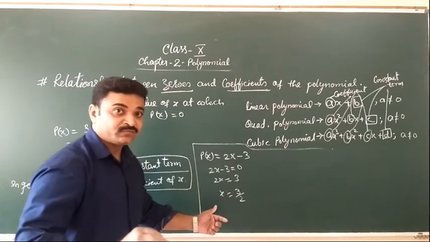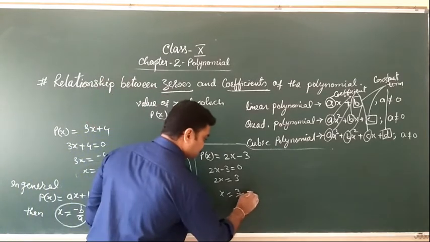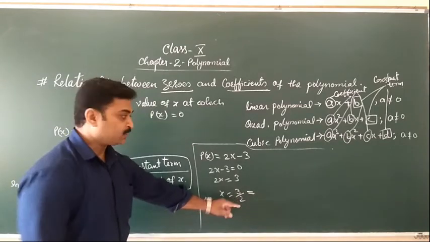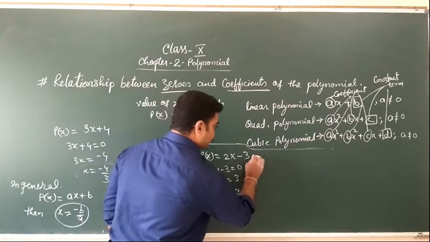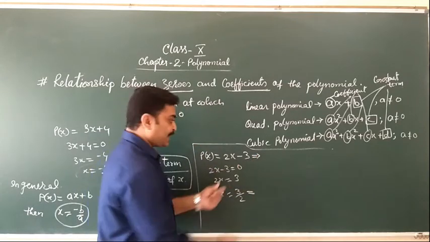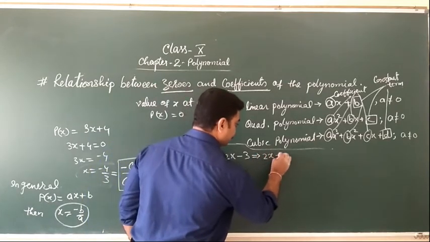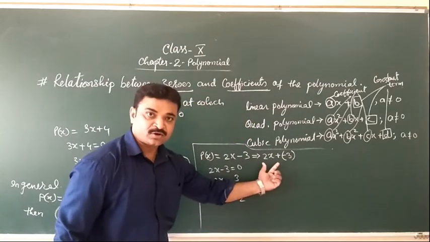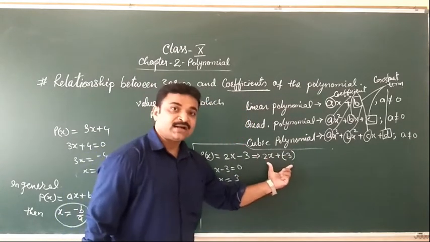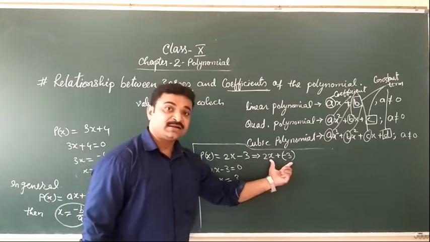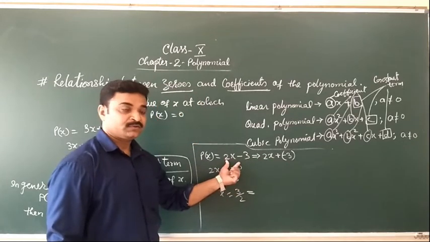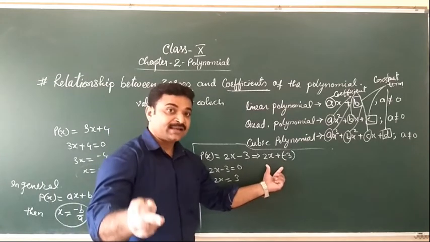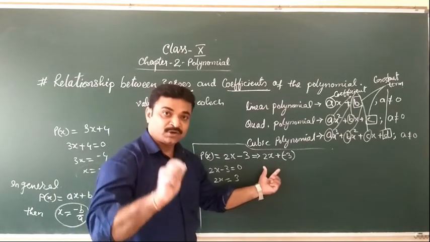And how do we verify the relationship? See, this can be written as 2x plus minus 3. These are the terms of a polynomial, and if we add these terms, we get the actual polynomial.